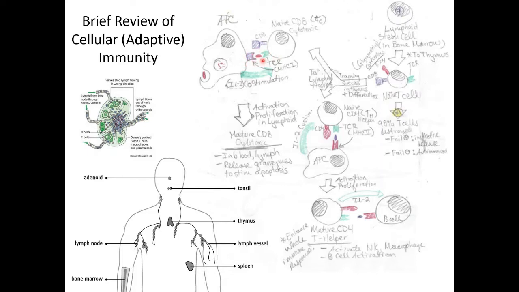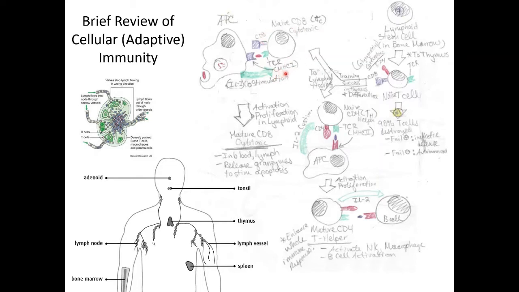In order to actually fully activate the naive cytotoxic T cell, we also need something called co-stimulation. In this case, the APC is responsible for releasing interleukin 1, or IL-1, or a slew of other molecules, but in this case, interleukin 1 is released, and this co-stimulation fully activates the cytotoxic T cell.